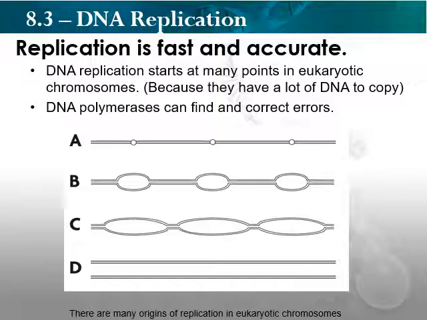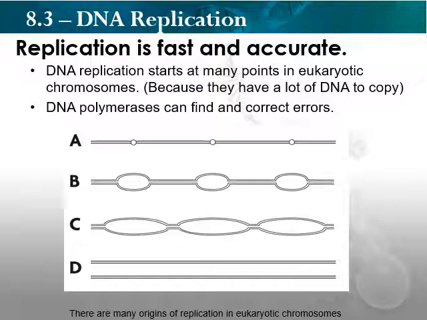If you look at my picture, I have A, B, C, and D. In A, we have our strands of DNA, and the little circles in the middle show where replication is going to occur. In B, we have it forming the replication forks. New bases are getting added in C. And finally in D, we have our two new molecules of DNA. Remember, it's semi-conservative, so each new molecule has one original strand and one new strand.